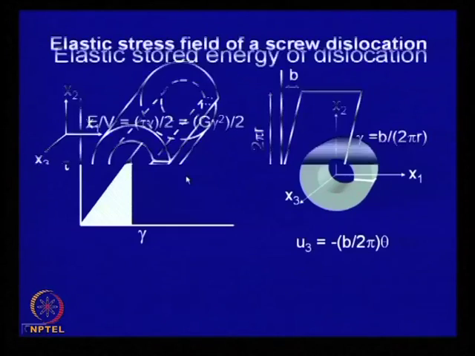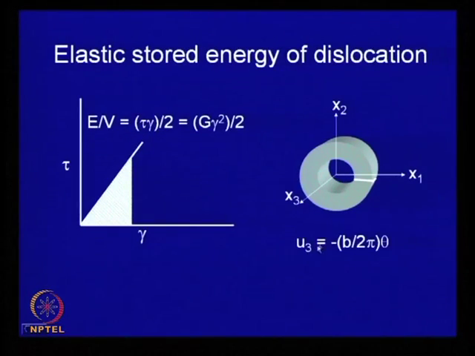So, if I go back, what you can write, therefore, if you move not through 2 pi, but through an angle theta, then the most general expression for u 3 displacement is b theta over twice pi.